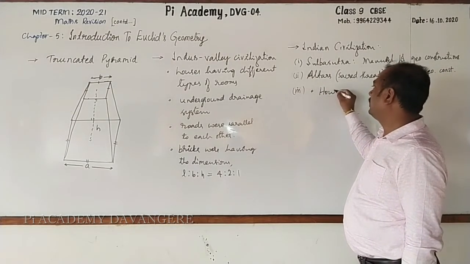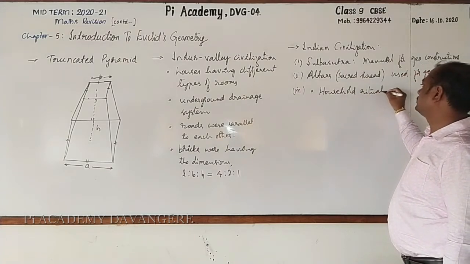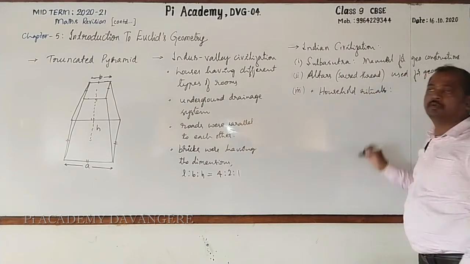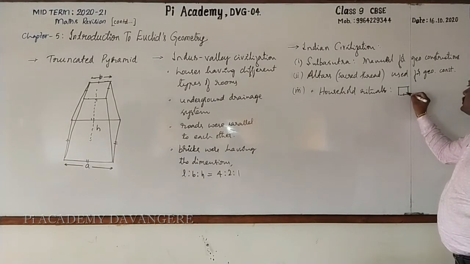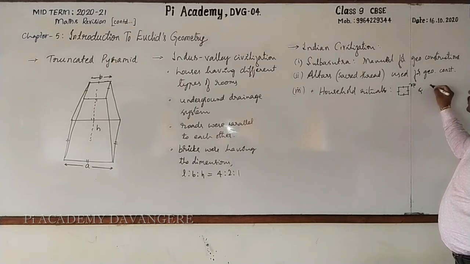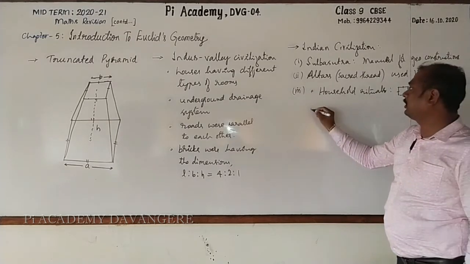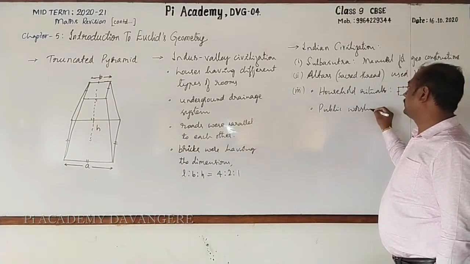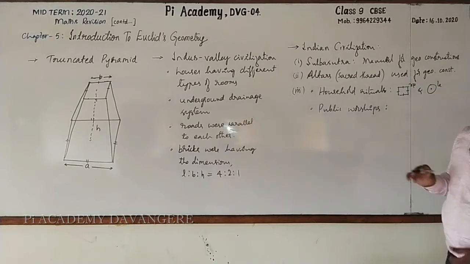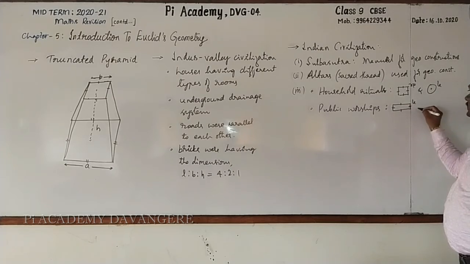For household rituals, they were using two geometrical figures. One is square and another one is circles. Next, for public worships, they were using other geometrical figures like a rectangle. See that opposite sides are equal. This is rectangle.